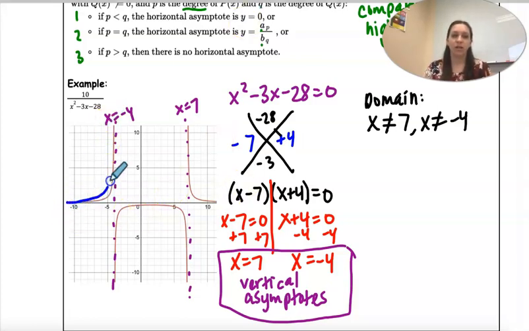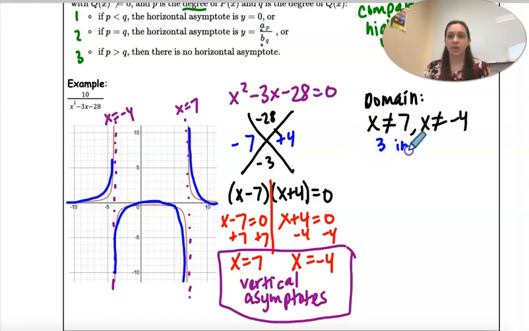We have one line, then an asymptote, a second line, then an asymptote, and a third line. So that tells us there's going to be 3 intervals. When you do domain, I want you to just go left to right. Out here, our x value is all the way out to negative infinity.